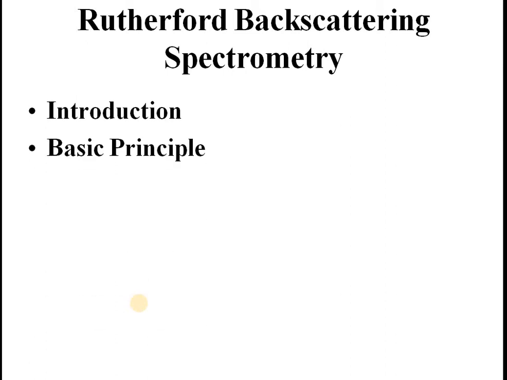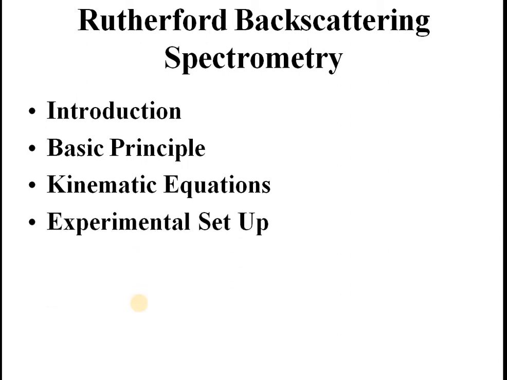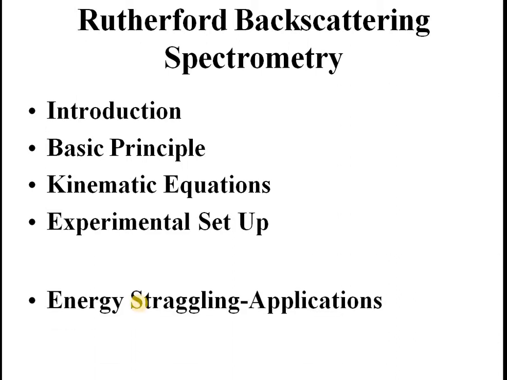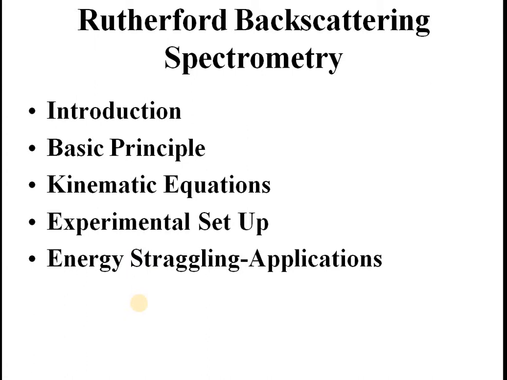We have a brief introduction, then we will discuss the principle and the mathematical formulations involved in Rutherford backscattering spectrometry, which will be dealt with in the kinematic equation part, and the essential experimental aspects of this technique, and certain technical terms like energy straggling, and the typical RBS spectrum, how it looks, and the different physical parameters which affect the spectrum formation in RBS.